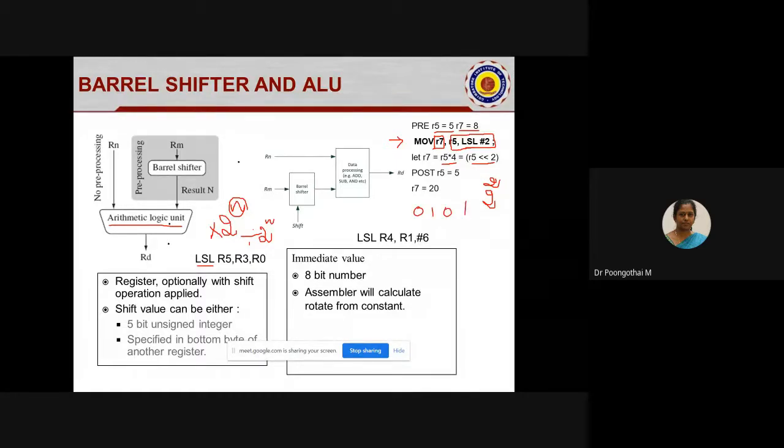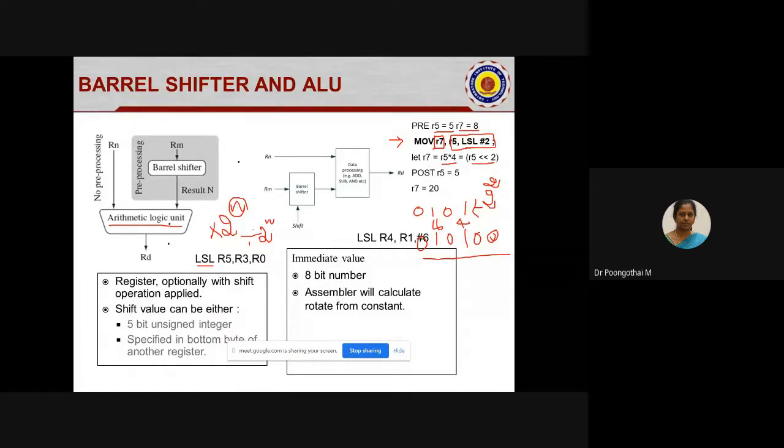I'm going to shift the R5 content towards the left direction 2 times. So you need to insert 2 zeros at the LSB: 0, 0, 1, 0, 1, 0. So what is the answer? This is your 4 and this is your 16.